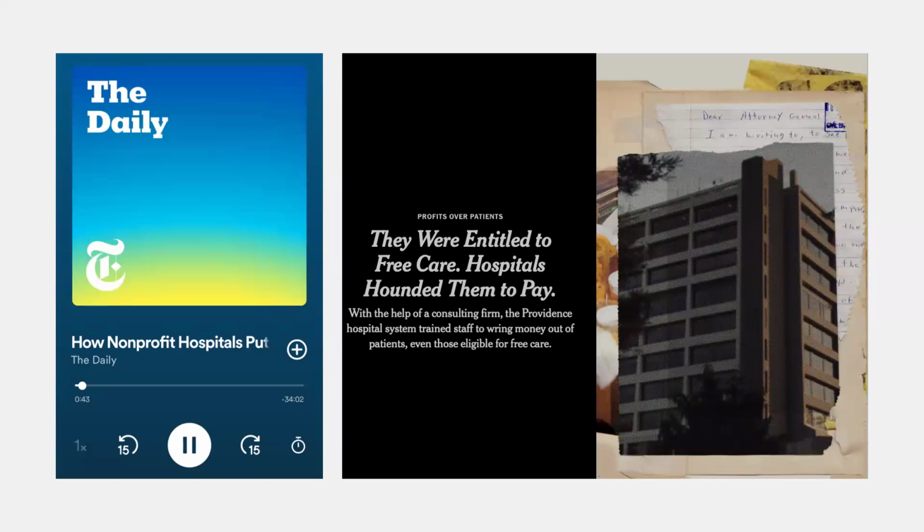And they also highlighted this Rev Up program where people were going into patients' rooms in the hospital to try to get them on payment plans, oftentimes patients that were meant to be receiving discounted or free healthcare based on their nonprofit status.